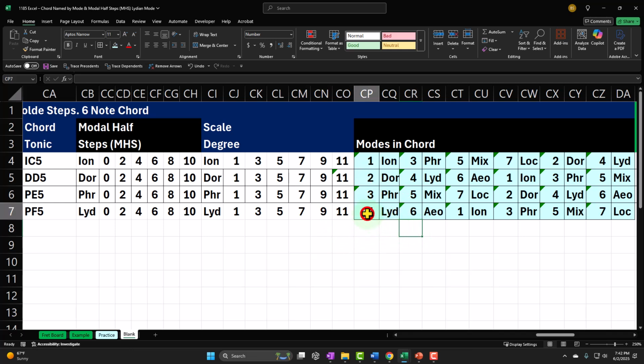Well, then what you do is you name it by the node names. You would just say, well, you just hold down a 4, 6, 1, 3, 5, 7, or in other words, it has Lydian, Aeolian, Ionian, Phrygian, Mixolydian, and Locrian nodes in it. That's universal. But no one says that.